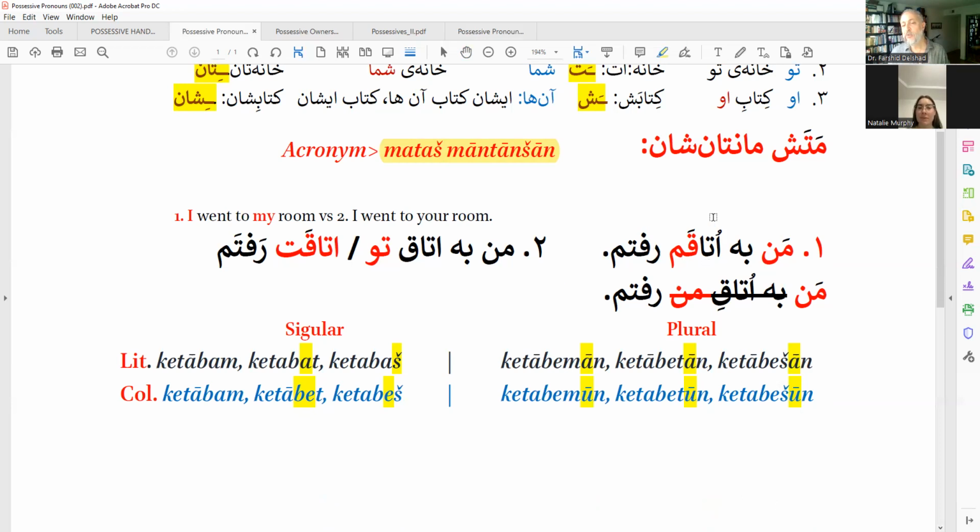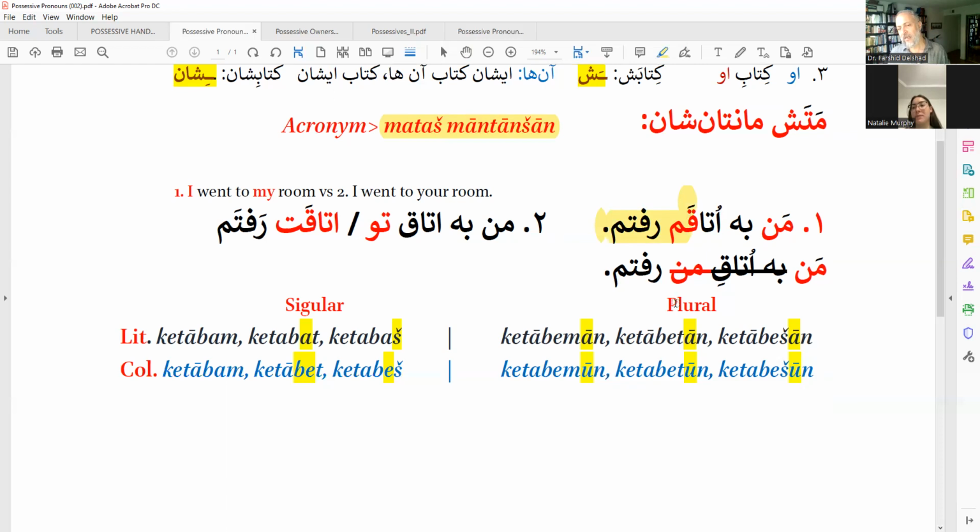For example, look at this phrase. Otaq means room, and I have the phrase man be otaqam raftam, which means I went to my room, as you see here. In this case, it is more wise and correct to use the enclitic form.